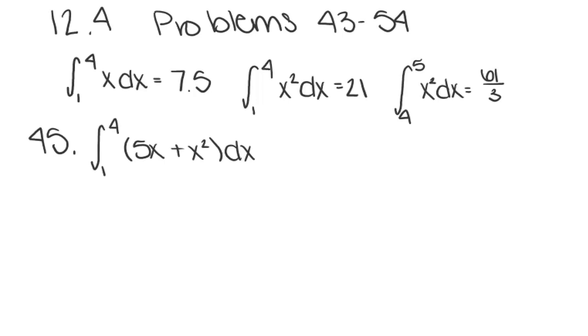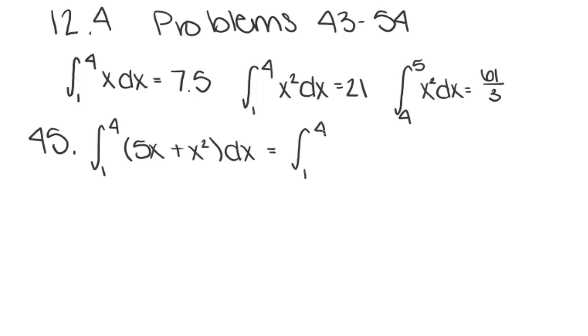So first and foremost, looking at this problem, none of these functions up here look exactly like what we have here. But we have seen time and time again that we could rewrite this integral. So let's do that.